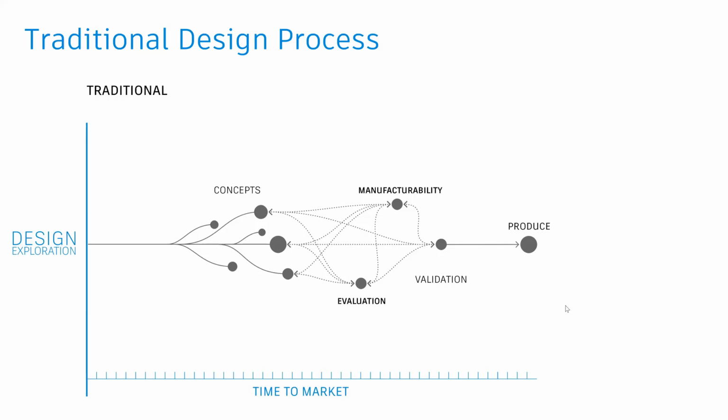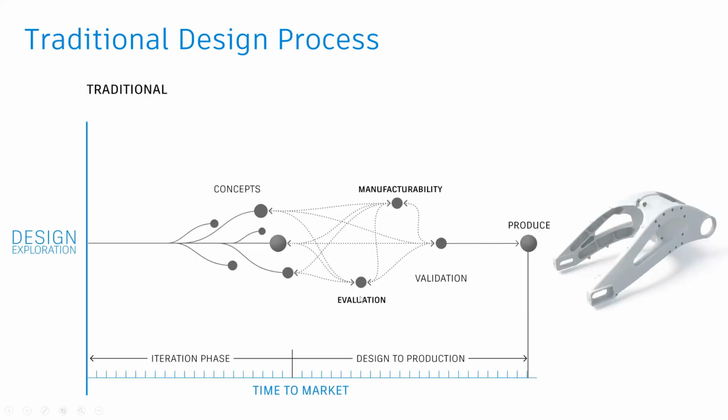And I'm sure people would agree on this point. This constitutes my overall time to market, which has an iteration phase and a production phase. And this is very limited in its capacity to explore multiple things, because as I said, the most critical point is time to market.